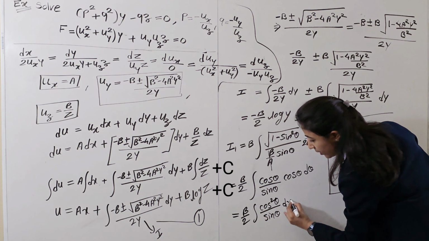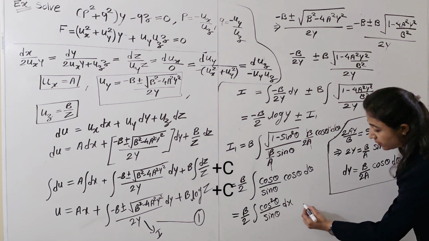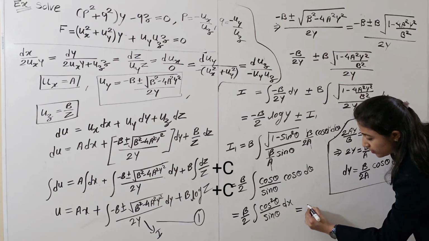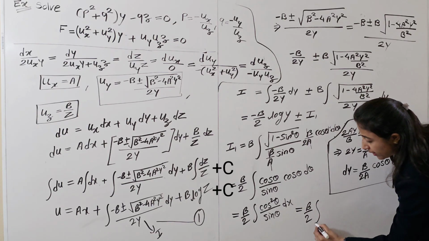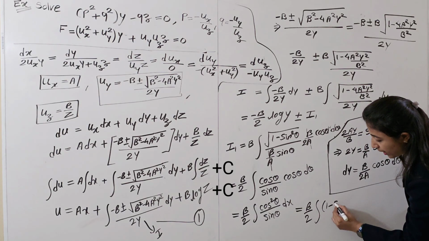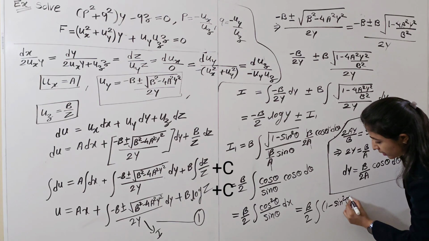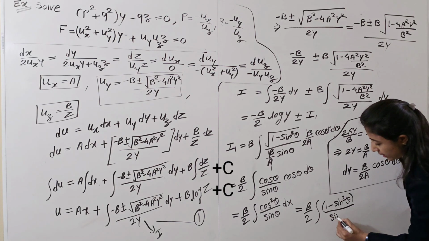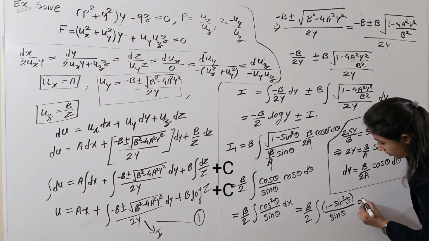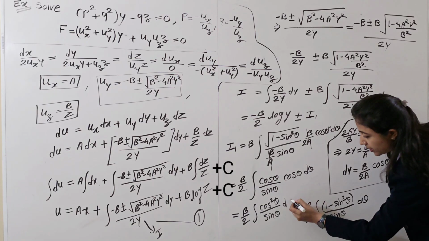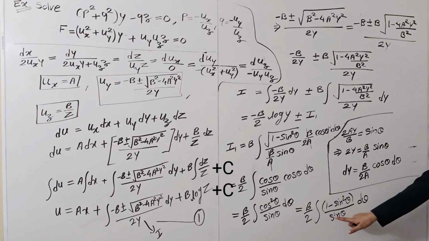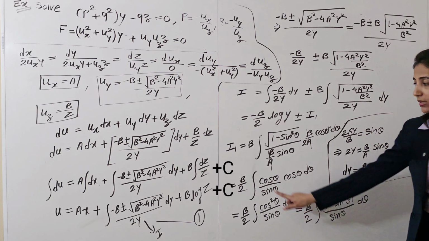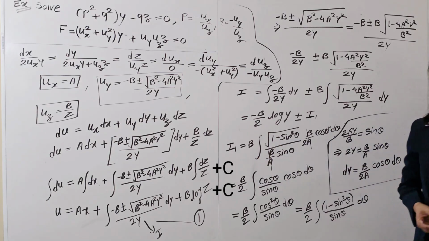Again use the trigonometric identity to solve this integration. So here b by 2 integration, we can write 1 minus sine square theta divided by sine theta d theta. Separate this integral from the base. I will rewrite this I1 integration in the next step.